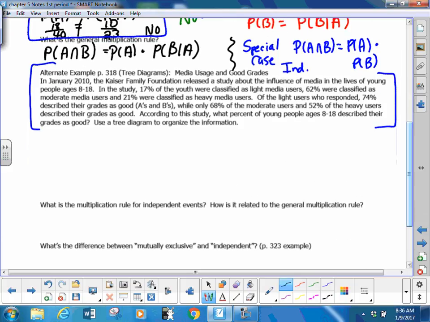So you're going to start out with very basic, who are we talking about? Everybody okay? We start out with students. And the first thing they said about the students was light, moderate, and heavy media users. So we've got light, moderate, and heavy. And then along your branches, you need to put the probabilities.